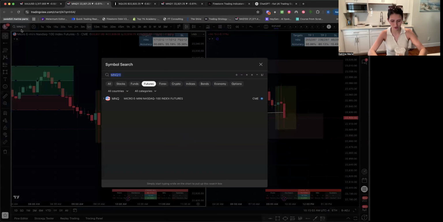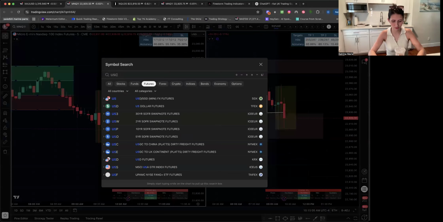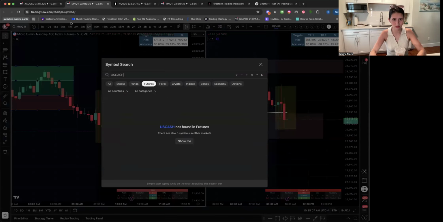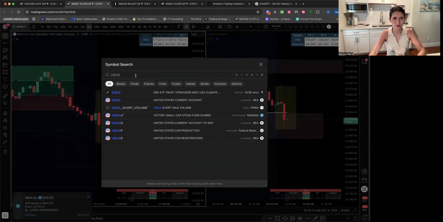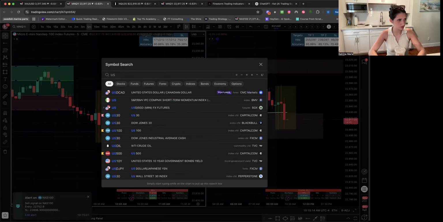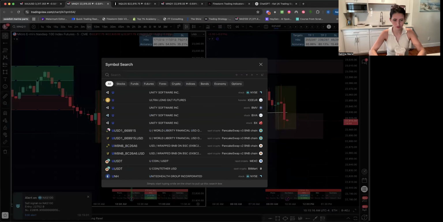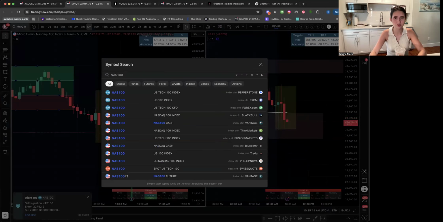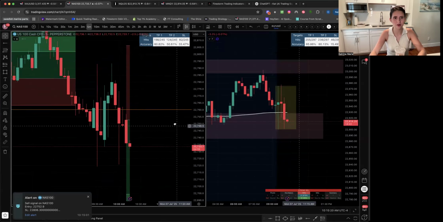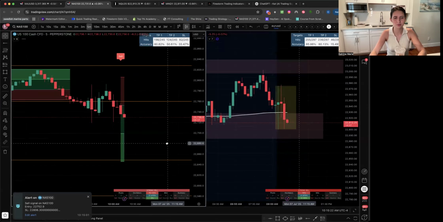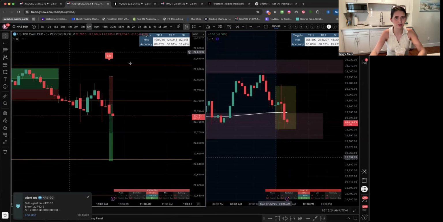Well, anyway, let's go to US cash. Shoot. US. NAS 100, that's what it is. Pepperstone. There you go. It showed up on the E-mini too, but it showed up earlier on this one.